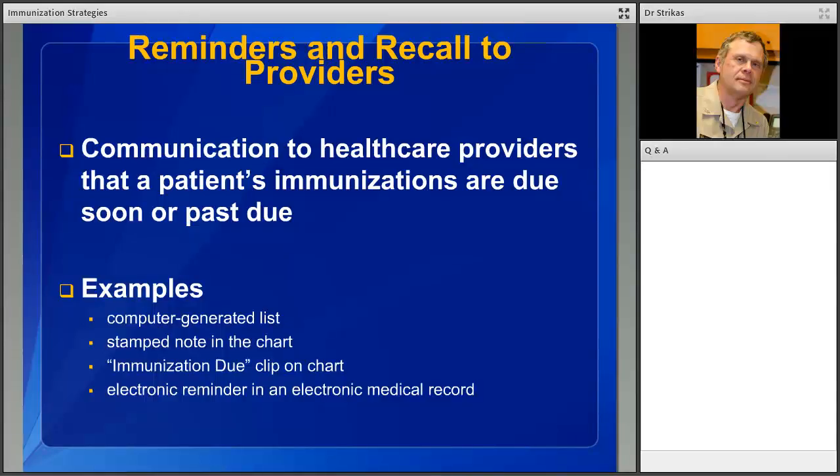Examples of reminder recall messages are a computer-generated list that notifies a provider of the children to be seen that clinic session whose vaccinations are past due, a stamp with a message such as "no pneumococcal vaccine on record" that a receptionist or nurse can put on the chart of a person aged 65 years or older, an immunization due clip that a nurse attaches to the chart of an adolescent who's not had HPV vaccine, and an electronic reminder which appears when the providers access an electronic medical record.